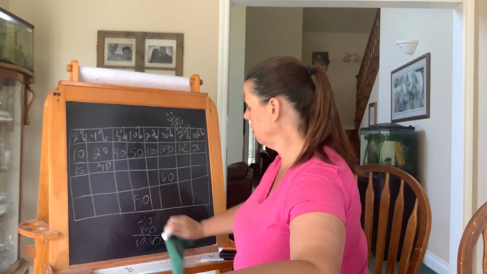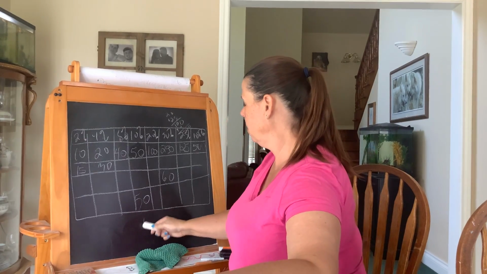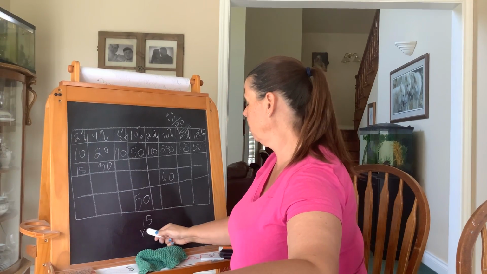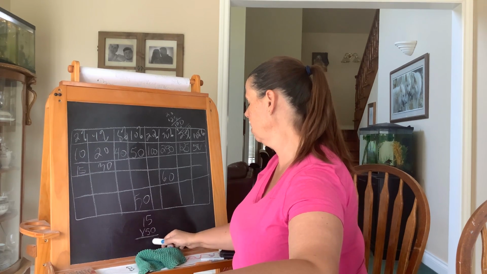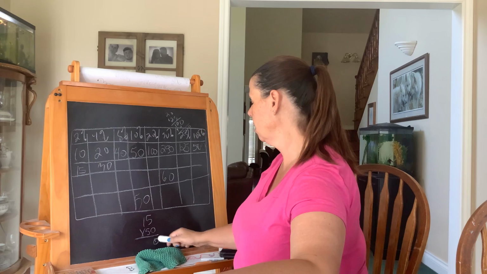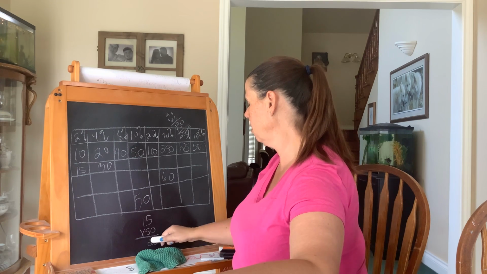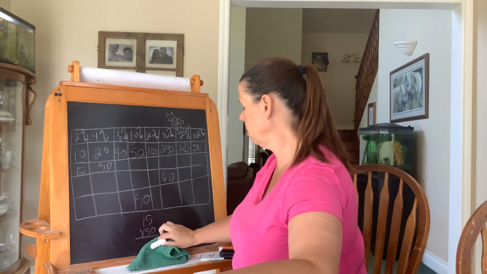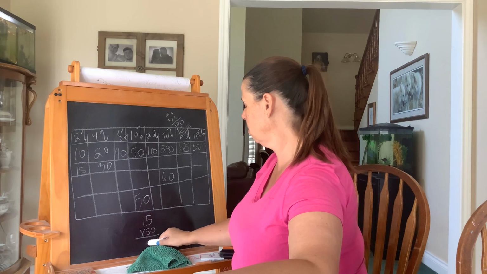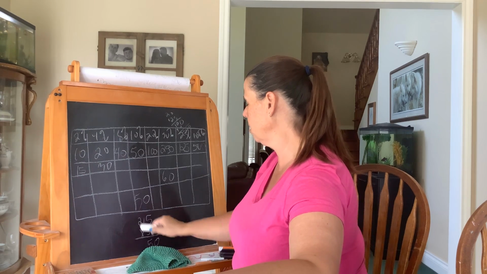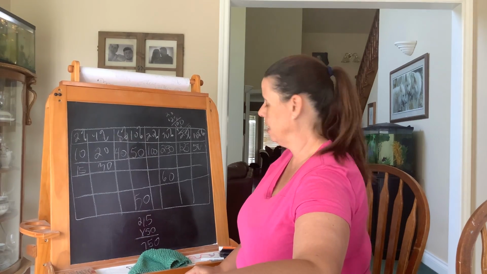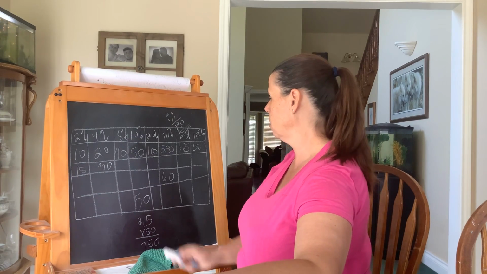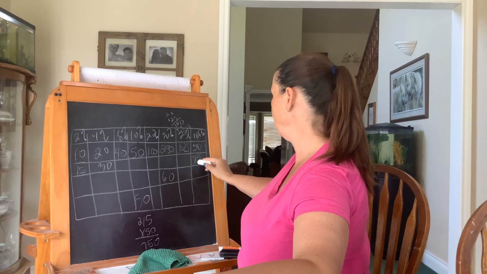Let me try that again. 15 times 50. 0 times 5 is 0. 5 times 5 is 25. Oh my Lord, what is wrong with me today? 0, 5, carry the 2. 5 times 1 is 5, and 2 is 7. So 750. So this is 750.